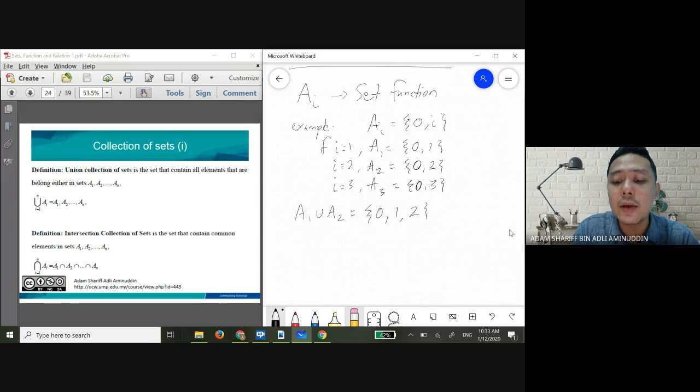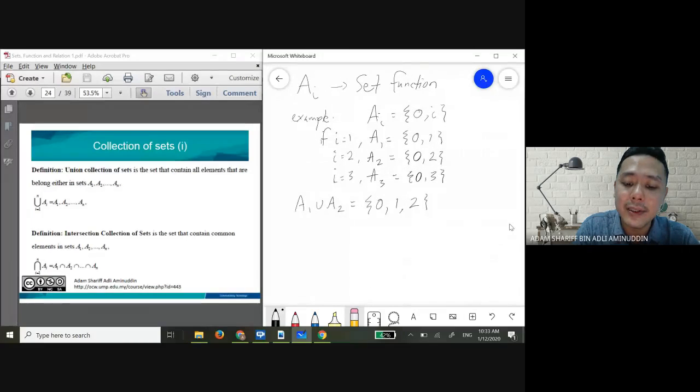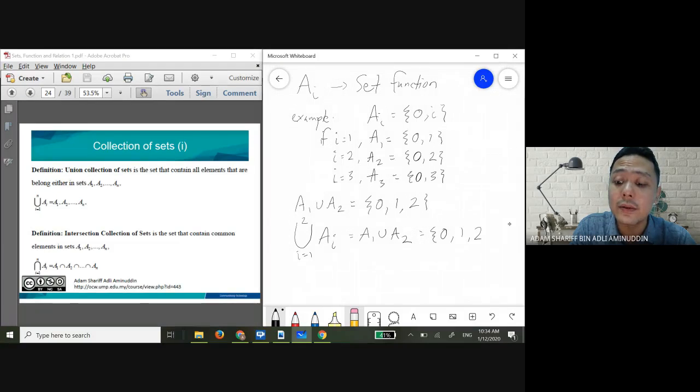A1 union A2 also is being represented as this form: union besar, Ai, and the bottom one is the starting i and the top one is the last i. So this one also reads as A1 union A2, which represented in the roster notation as {0, 1, 2}.